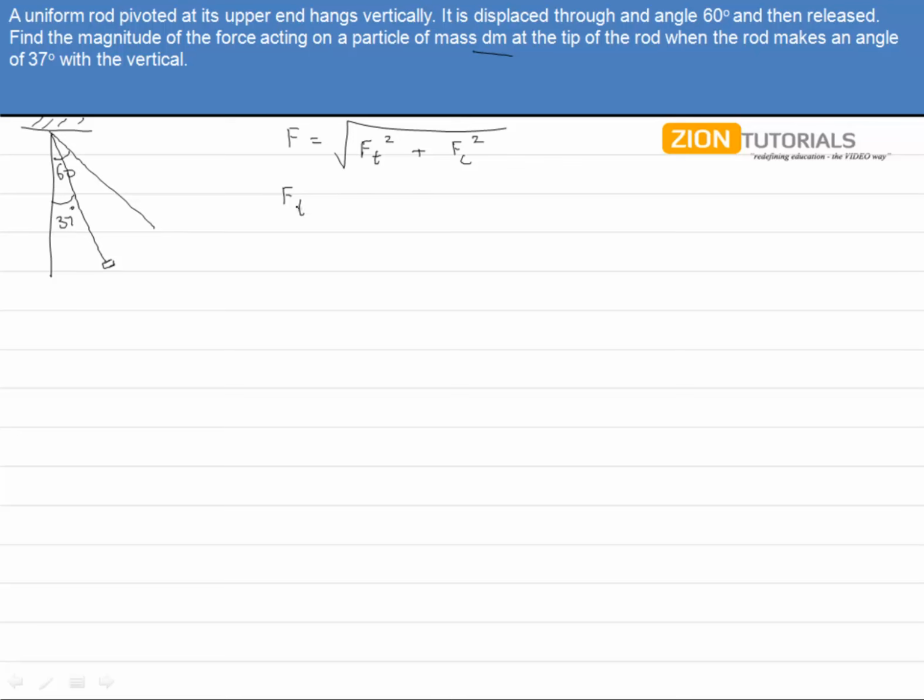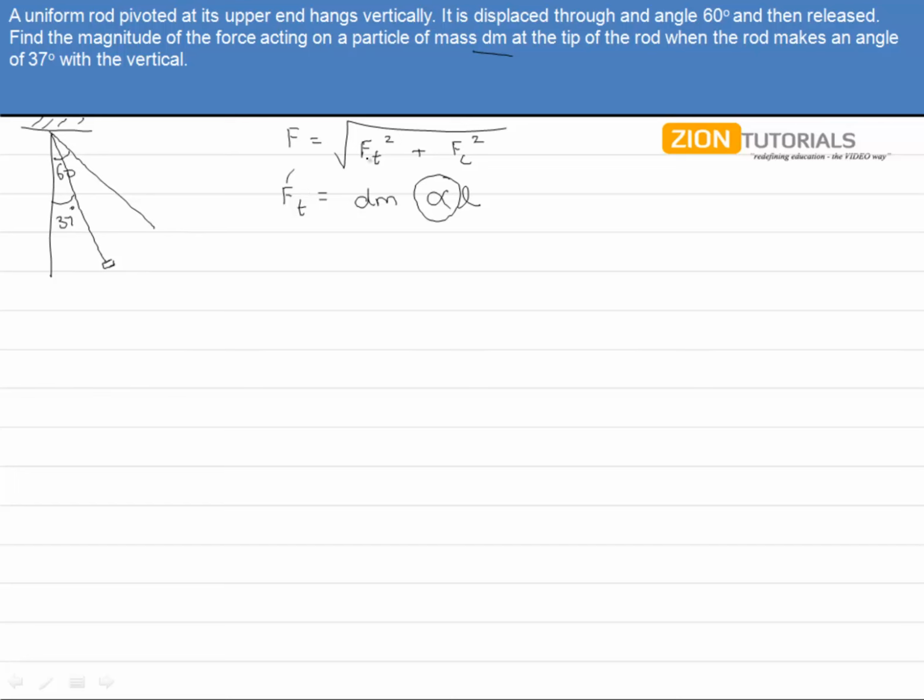The tangential force Ft is given by the mass, which is dm for this particle, times alpha L. So if we manage to calculate alpha, we will be able to calculate the tangential force.